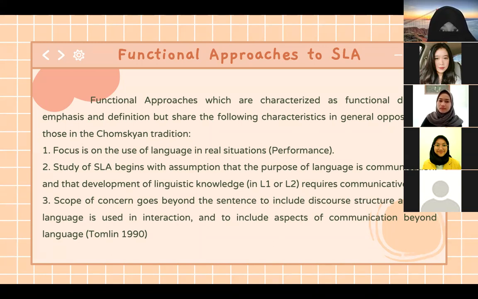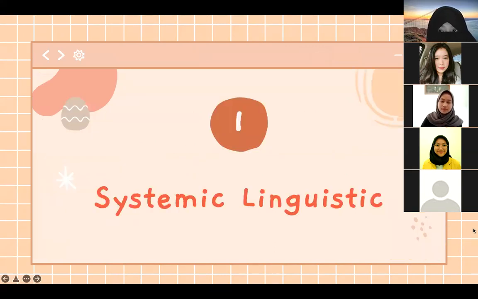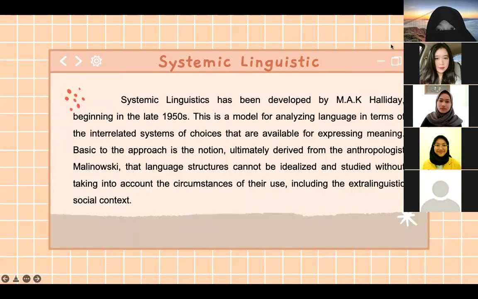Tamlin, 1990. Next slide, systemic linguistics. Systemic linguistics has been developed by M.A.K. Halliday beginning in the late 1950s. This is a model for analyzing language in terms of the interrelated system of choices that are available for expressing meaning.